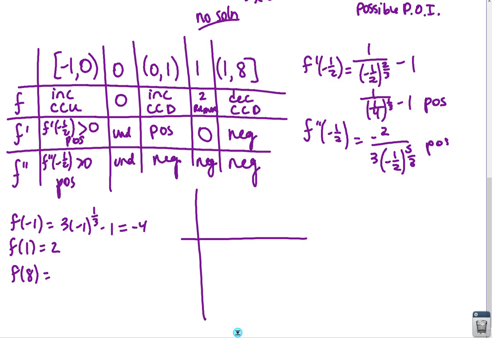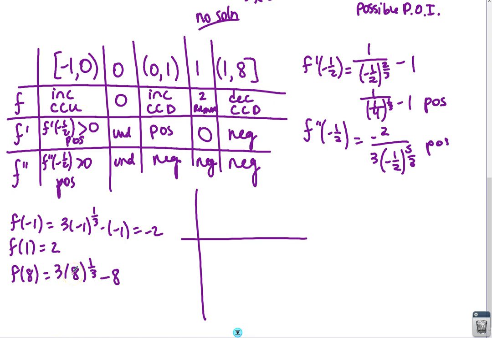Oh my God, I've got this, you guys. I promise. This was supposed to be minus -1. There we go. That's -2. That one I'm pretty sure is still 2. And then 3 times 8 to the 1/3 minus 8. It's a minus x, not just a -1. That's what I messed up a minute ago.